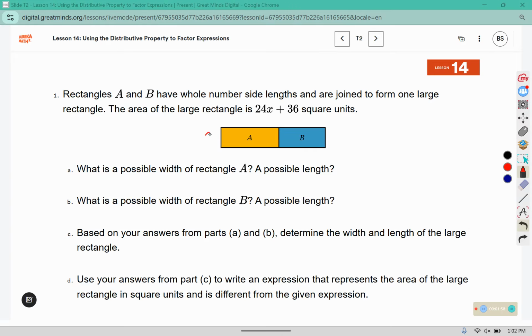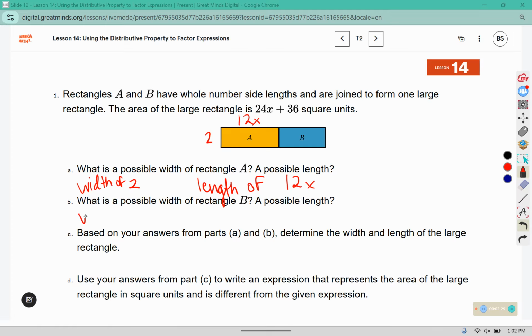Well, if we made our width 2, then the length to get A to come out to 24x, if we split it up into 2, this would be 12x, because 2 times 12x would give us 24x.